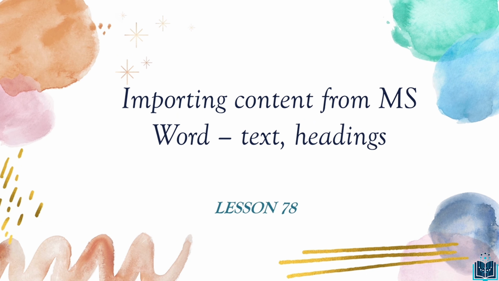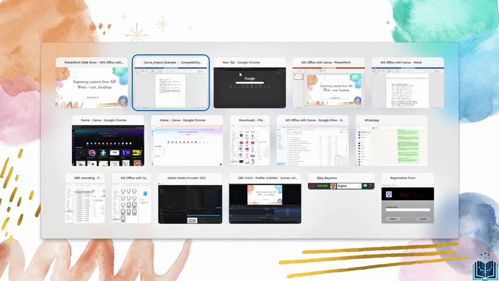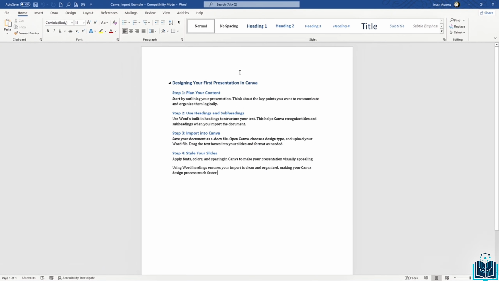Okay, so let's start with Word documents. Here we have a simple document with a title like designing your first presentation in Canva, and we also have subtitles or subheadings like plan your content, and this is your paragraph.